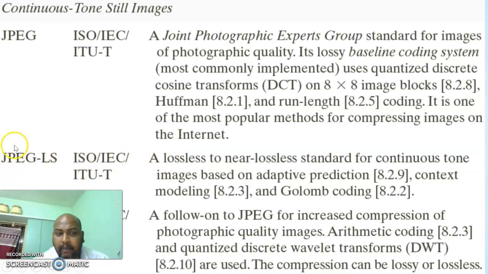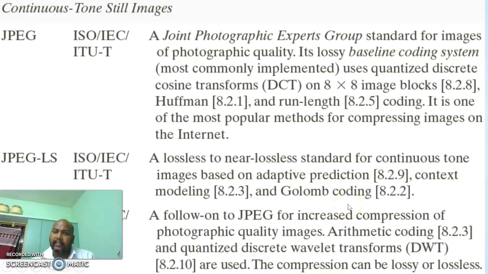Next is JPEG-LS, that is lossless JPEG. JPEG itself is a lossy compression, so a lossless version is also used, JPEG lossless, a near-lossless standard. For compression coding here they use adaptive prediction coding, context modeling and Golomb coding.